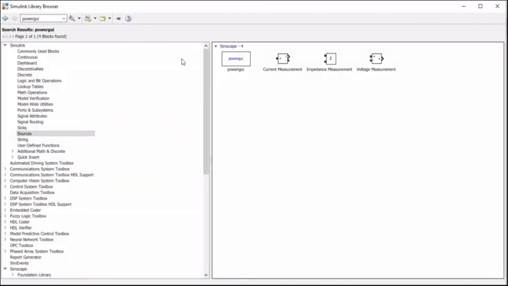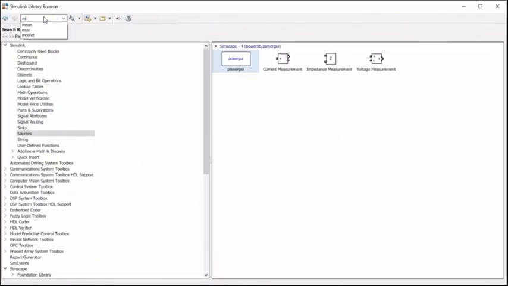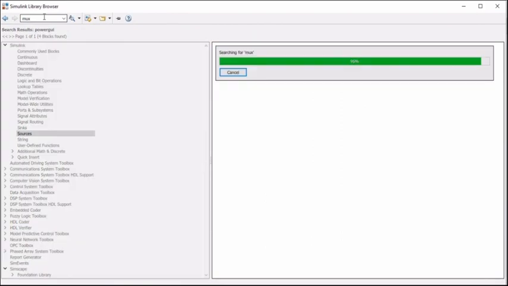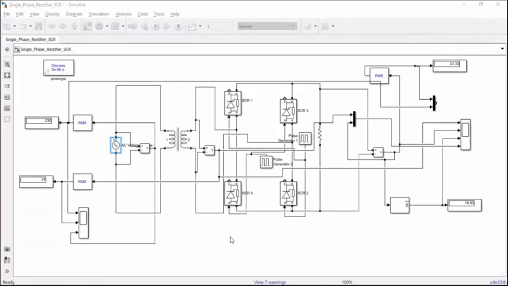So this also we can add it. Next, mux which is available in the Simulink library can be added. So with all the parameters or blocks selected, we need to give the connections. The connection for all the parameters are given as shown here.